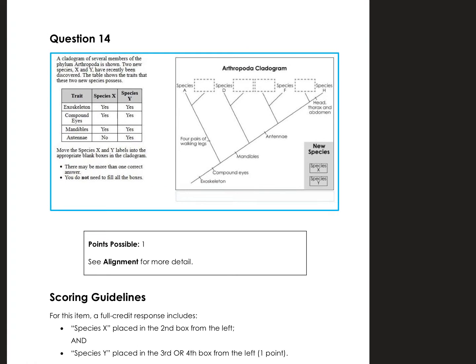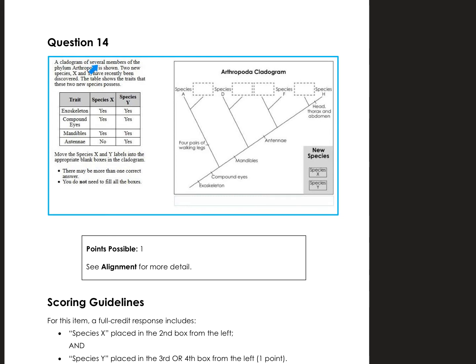Oh, another cladogram. How nice. So you have a cladogram, several members, and phylum Arthropoda. Two new species. Do you know what Arthropoda is? It doesn't matter. But Arthropoda has insects that have exoskeletons, things like insects, shellfish, etc. Two new species, X and Y, have recently been discovered.